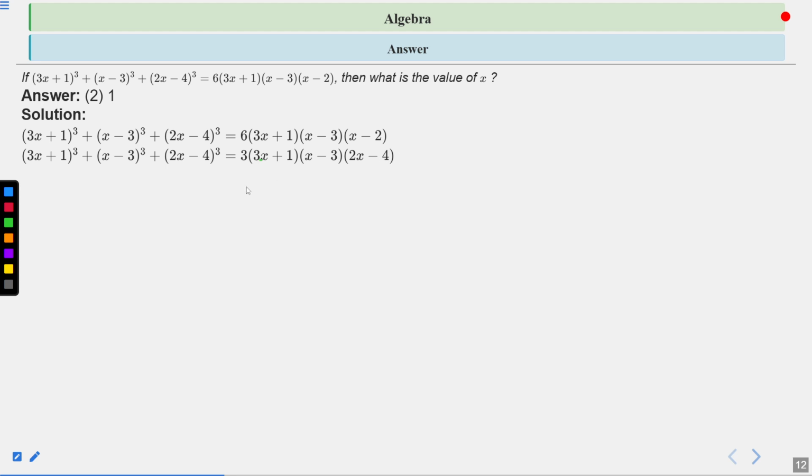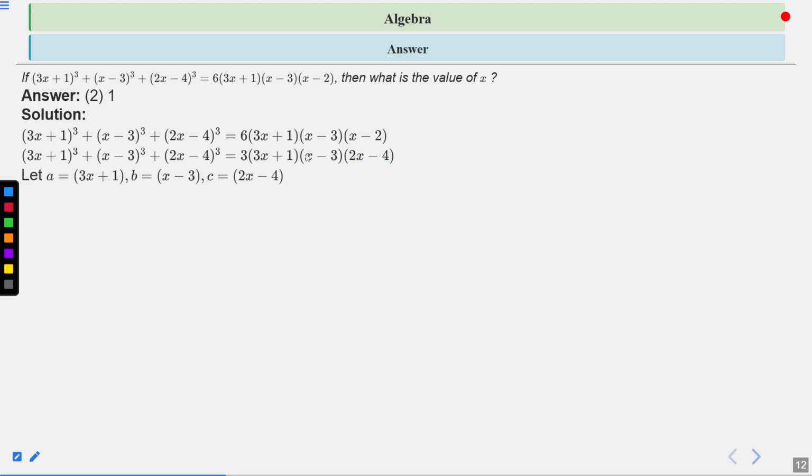So we can write it in that form. Now we can clearly see that the terms are the same. First is (3x plus 1) cube, and on the right hand side 3x plus 1 only. On the left hand side (x minus 3) is cubed, and on the right hand side in multiplying form we have x minus 3. In the same way, (2x minus 4) is cubed on the left hand side, and on the right hand side we have 2x minus 4.